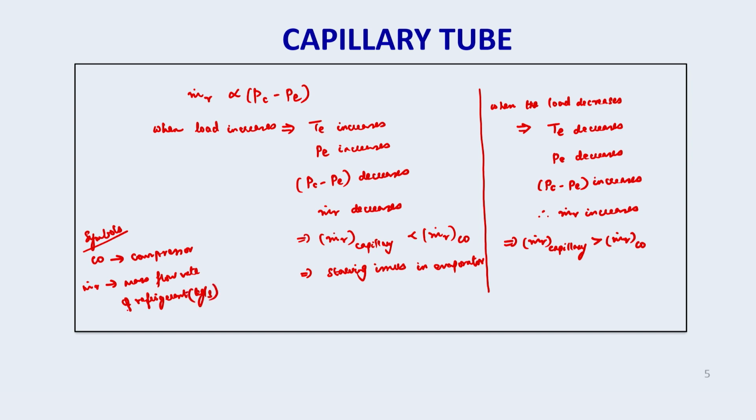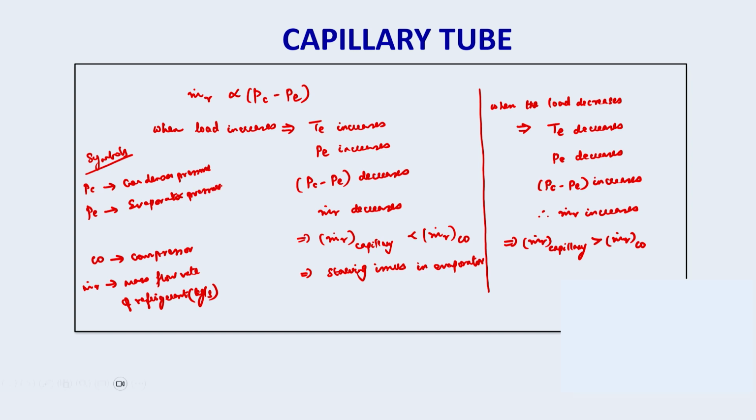And Pc is the condenser pressure. Symbols: Pc, condenser pressure. Pe, evaporator pressure. Tc and Te are condenser and evaporator temperature respectively.